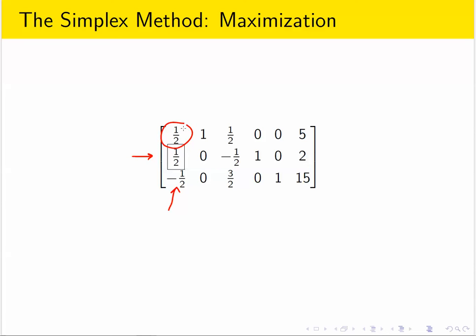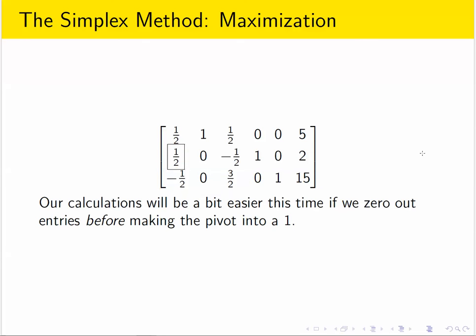Because I can take this 1/2 that's above the pivot and make it a 0 if I just subtract the pivot from it. And I can take this negative 1/2 in the bottom row and make it a 0 if I just add the pivot to it. So instead of making the pivot a 1 first, we're going to 0 out the entries above and below the pivot first.